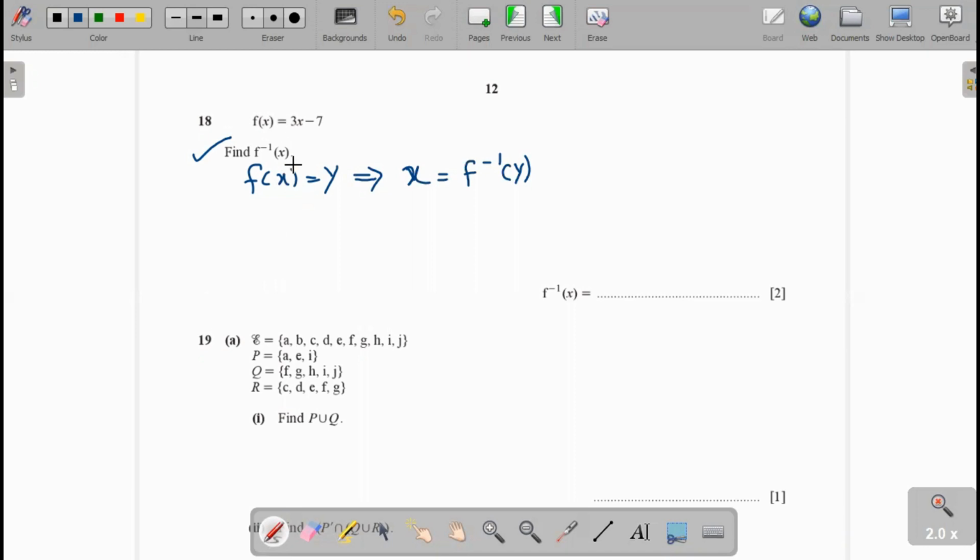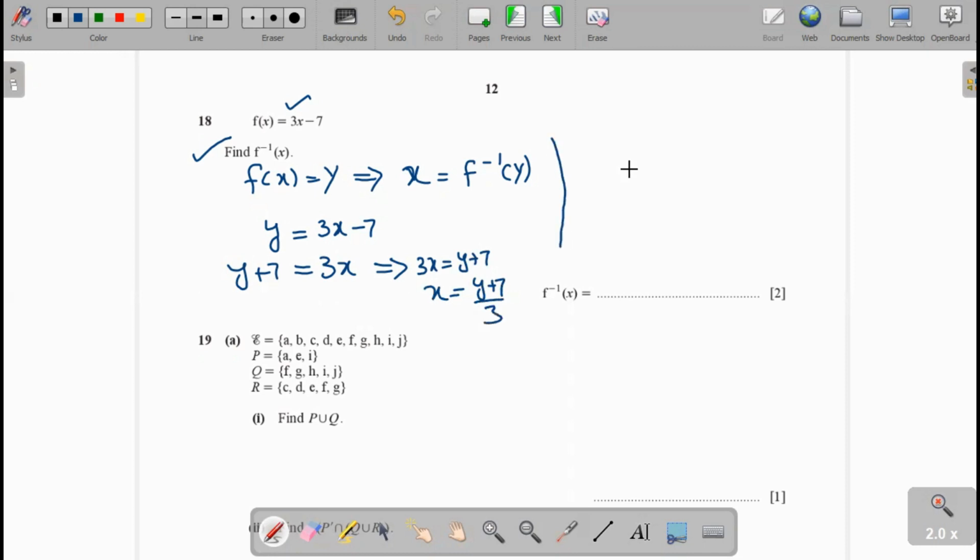Now firstly we find f inverse of y. Now we see that f of x equal to y, that is equal to 3x minus 7, and we make x the subject. Now y plus 7 is equal to 3x, and 3x will be equal to y plus 7, and x equal to y plus 7 over 3.